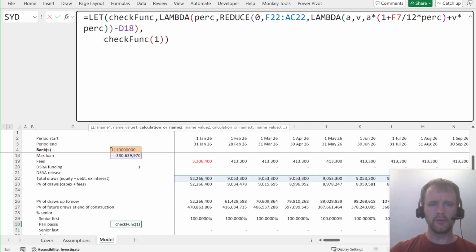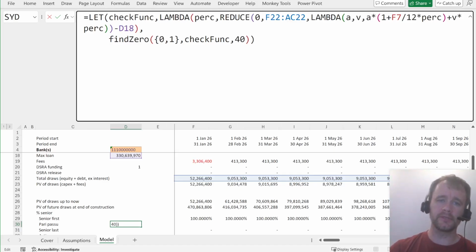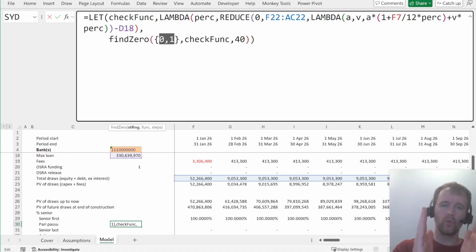So now we're going to find 0 of 0, 1, check func, and we're going to do 40 steps. So the logic for the 40 steps is the range starts off as being 1 wide, and every time we cut it in half, we either go to the left-hand half or the right-hand half, which means every time we divide the size of the range by 2.